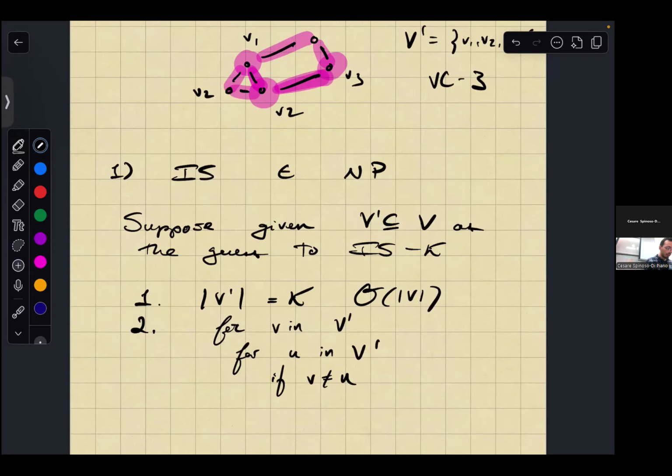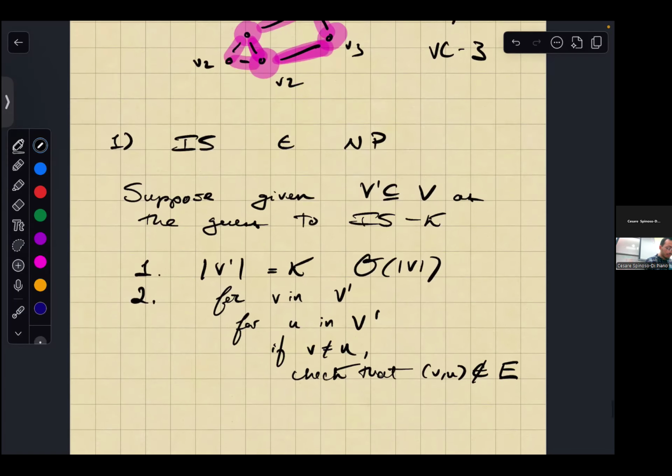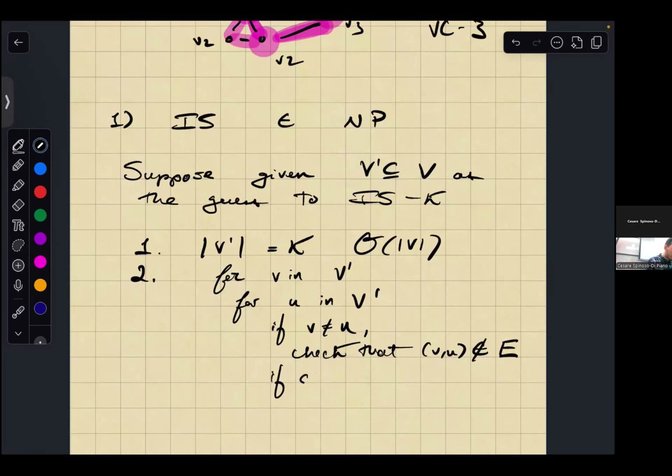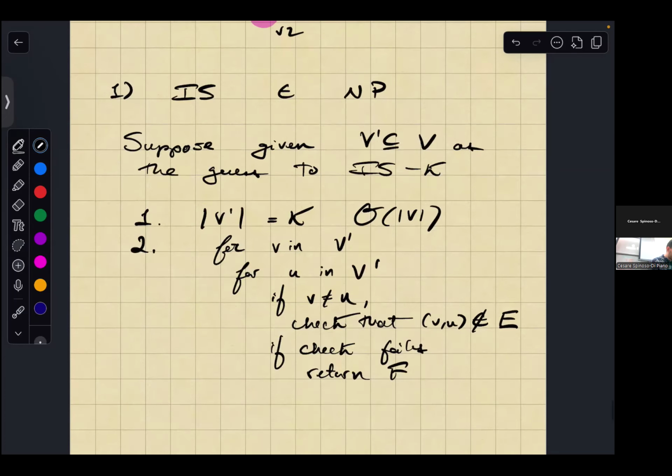So if V and U are not the same, check that VU is not an edge in the graph G that you're looking at. And if the check fails, then you return false or you reject. Otherwise, you go through this entire double for loop. At the end, if you've never returned false, then you can exit the two for loops and return true.